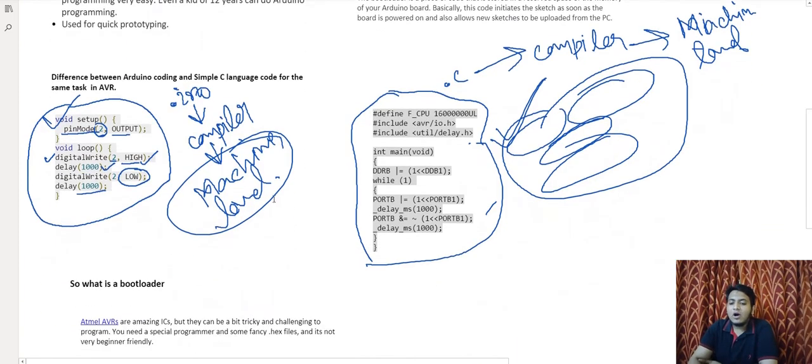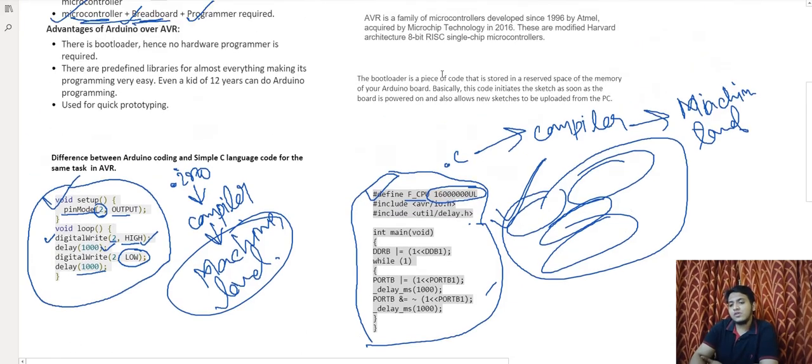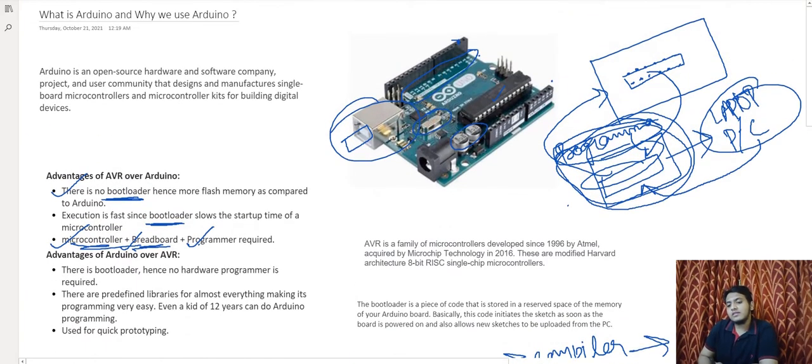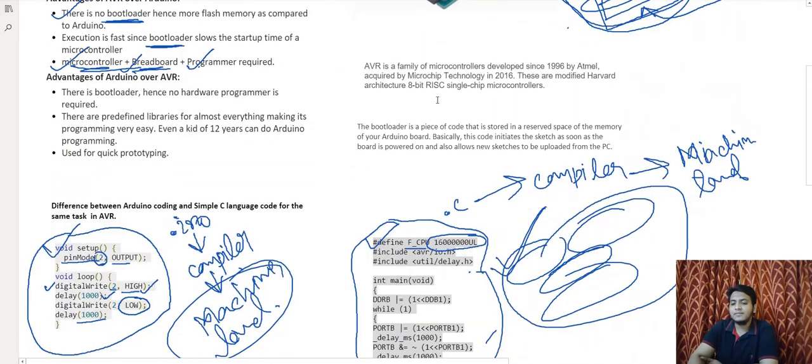And also this does the same thing, but just try to understand what we are writing here. It is a #define F_CPU, okay. This is 16 megahertz. You can see this device is called a crystal oscillator, okay.